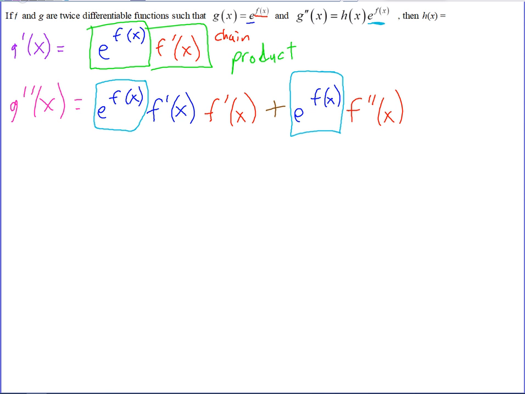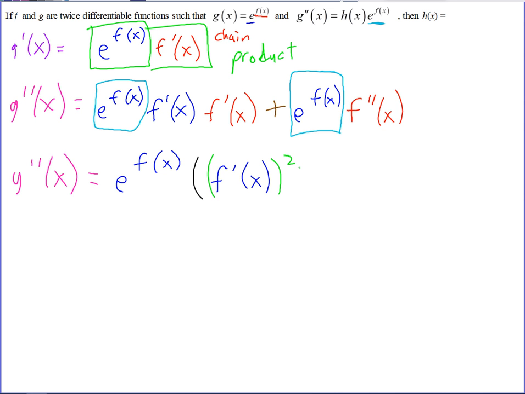So we can take that out as a GCF. And then notice what we're left with is f prime of x times f prime of x. You can write that if you want, f prime of x squared, and then plus f double prime of x.